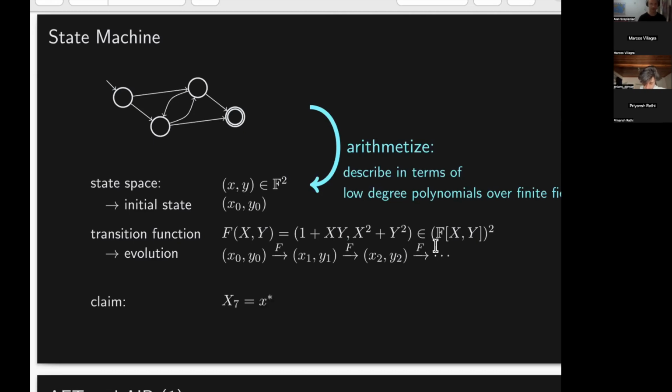All right, and then lastly, in order to turn this into a proof system, we need to have some kind of computational claim. And so in this example, I'm going to say that the x coordinate of the state after 7 steps of evolution is x star. That constitutes a valid claim. Well, maybe valid, the format is valid. Okay, so that's arithmetization.